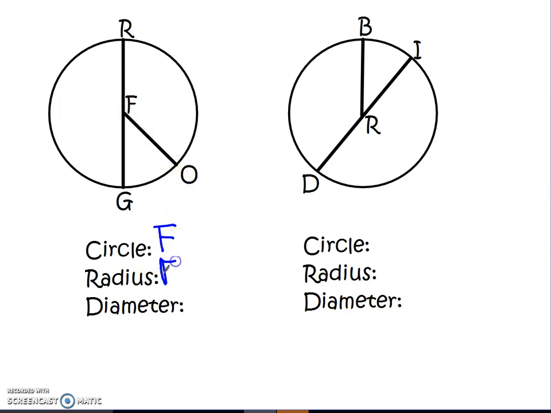So we could have FO, we could have FR, and we could have FG. Now remember, order is not important. It could have been OF, RF, and GF. Diameter goes from one side of the circle to the other side. So we can call this GR or RG. Okay, this one you're going to do by yourself.